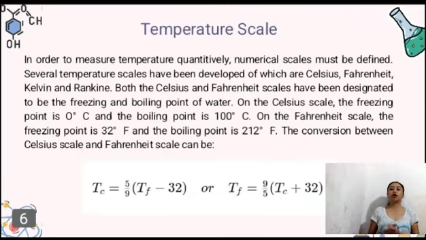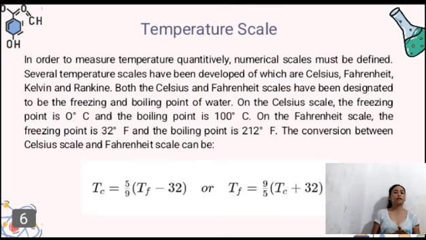Temperature scales. There are several temperature scales: Celsius, Fahrenheit, Kelvin, and Rankine. So there's a formula for Celsius and Fahrenheit. The formula for Fahrenheit is: temperature in Fahrenheit is equal to 9 over 5 multiplied by the Celsius plus 32. And the formula for Celsius is: temperature in Celsius is equal to 5 over 9 multiplied by the temperature in Fahrenheit minus 32.